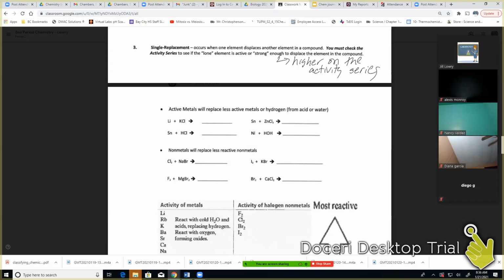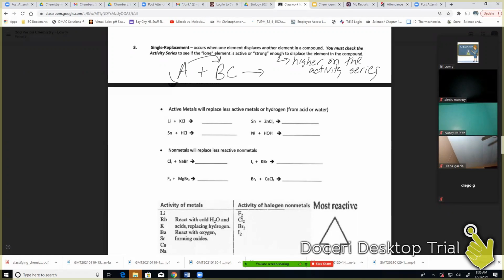So in other words, if you have an element that is all by itself, and then you have a compound, if this lone element is stronger than the element it is trying to displace in the compound, it'll kick it off.